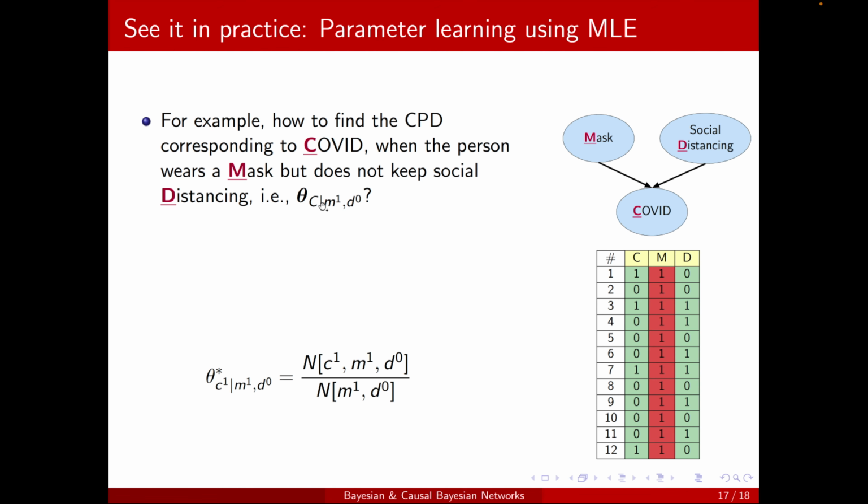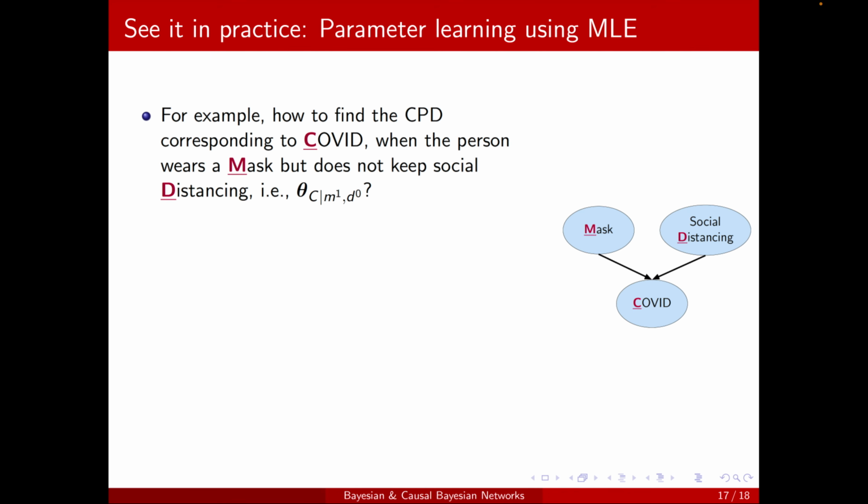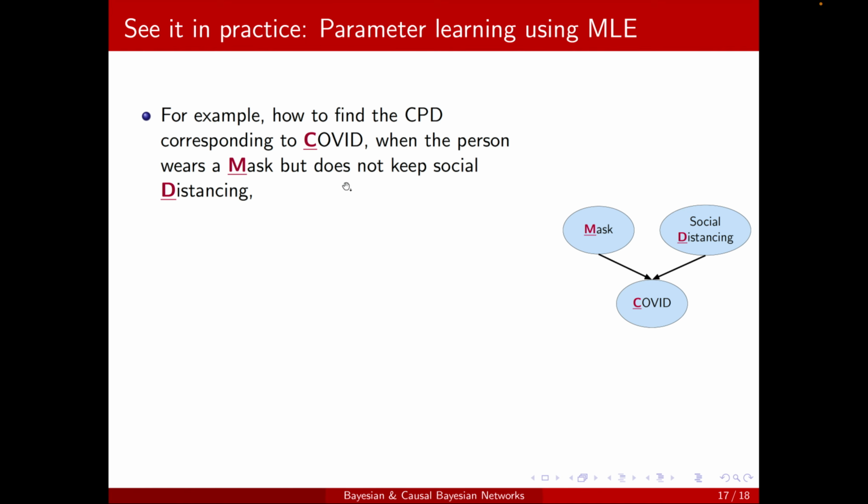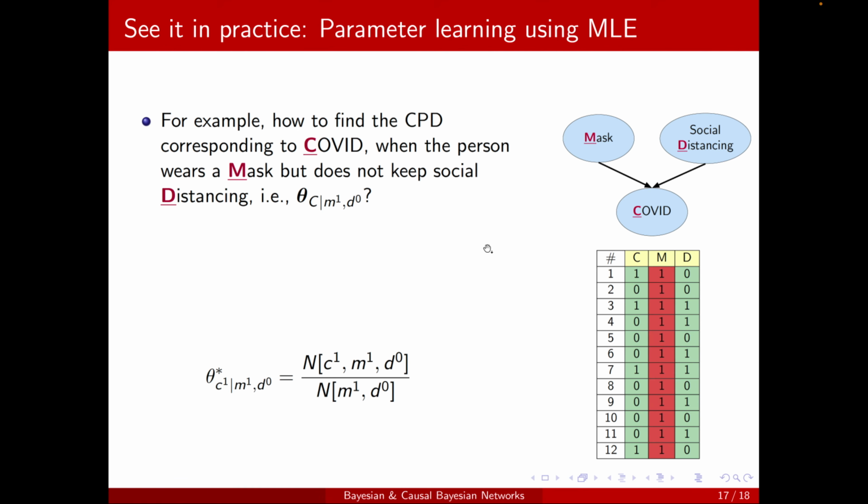Now, of course, I need data. So imagine that I have this data set where I'm extracting it from these 1,000 instances. I need to focus on those where M is equal to 1. So imagine that if I find them, I have only 12 instances where M is equal to 1. Now, out of these, you could also do it with respect to D0.